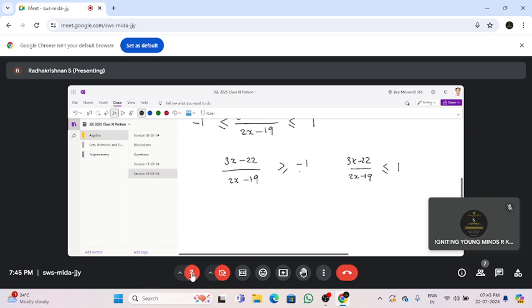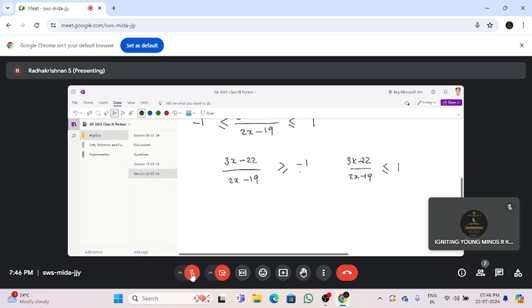But in an inequality, we cannot do it like that. Because if you are multiplying an inequality on both sides, it depends on the sign of the value that you are multiplying. If you're multiplying by a positive value, then it is okay. But if you are multiplying by a negative value, then the sign will reverse.